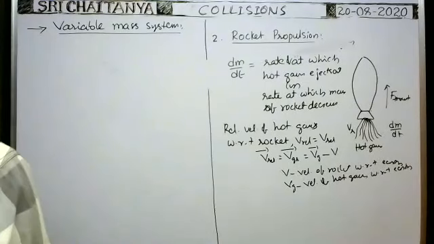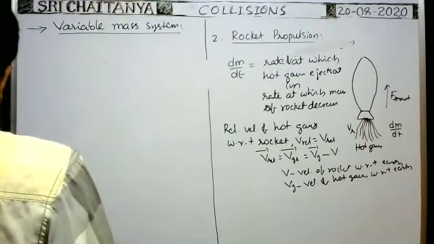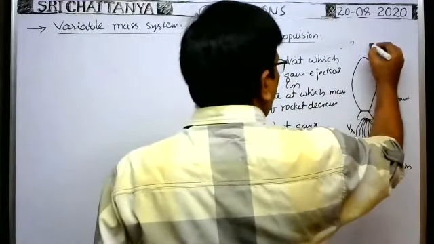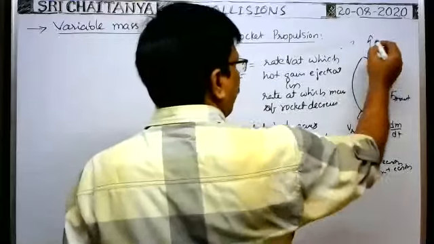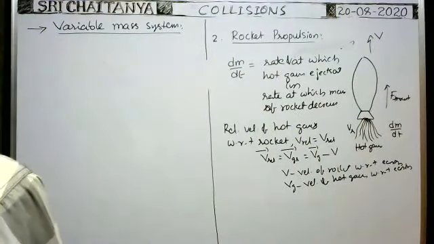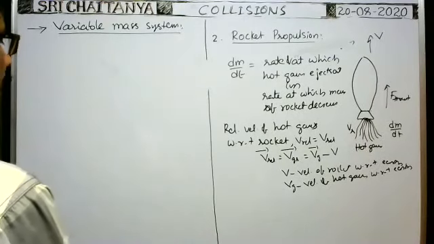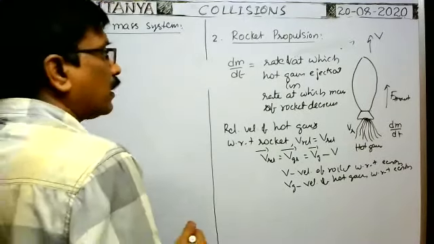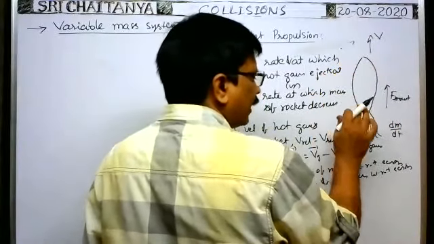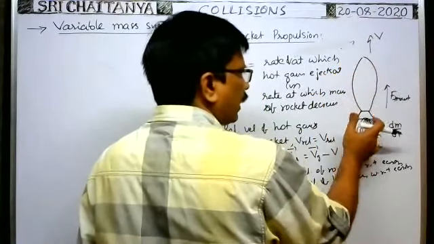So at any instant, suppose the velocity of the rocket is say v. Now you apply the law of conservation of linear momentum. Whenever the rocket moves in the upward direction, because of weight there is no change in the velocity of the rocket or the hot gases.